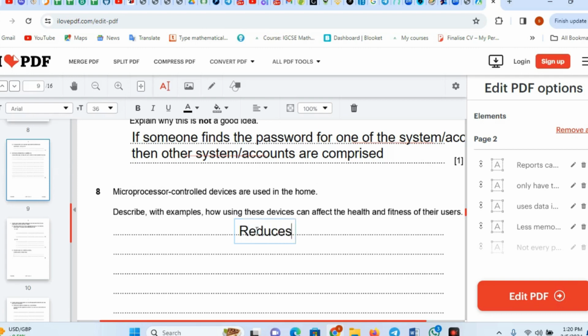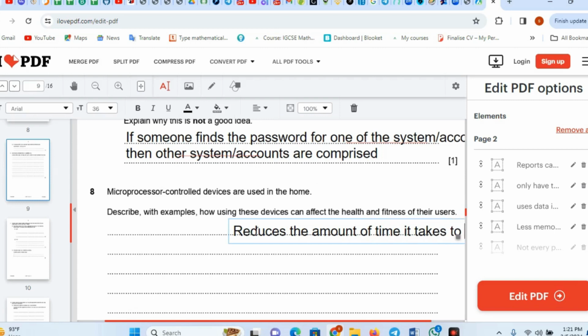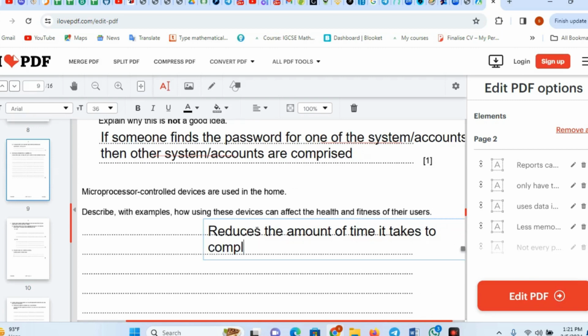It reduces the amount of time it takes to complete a task.